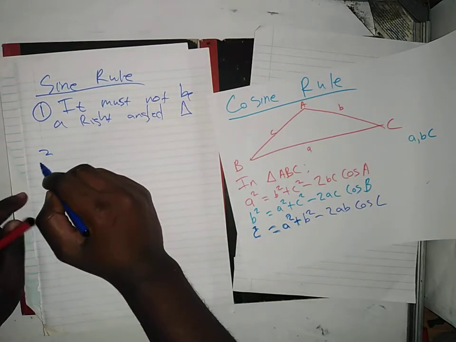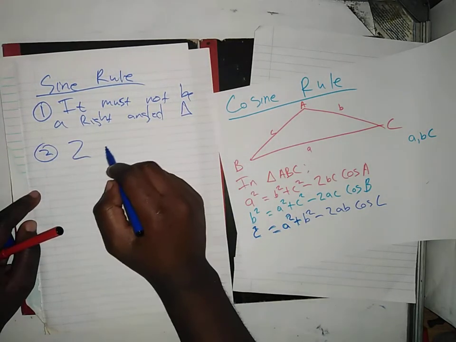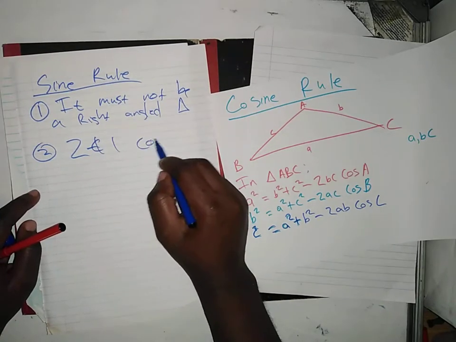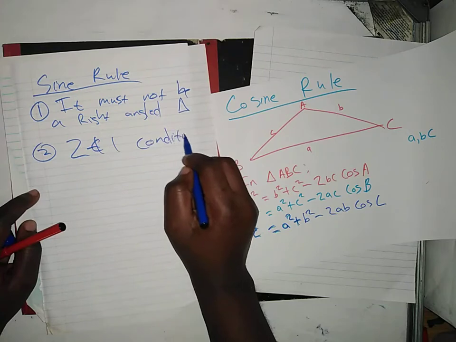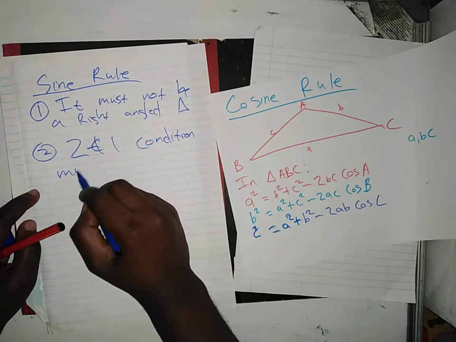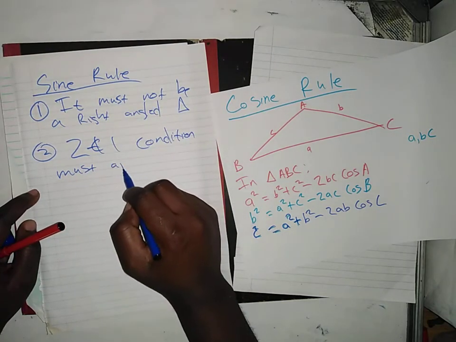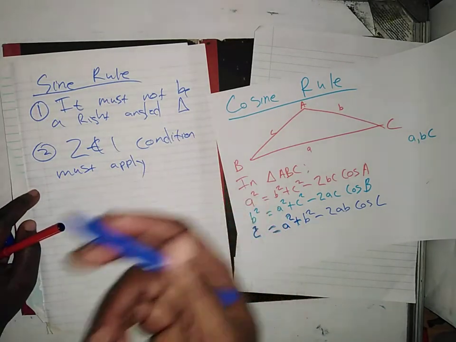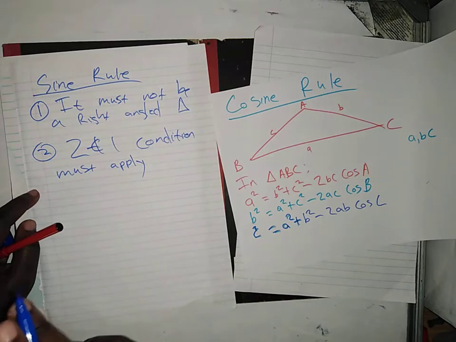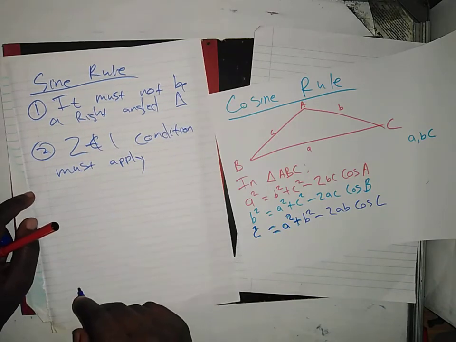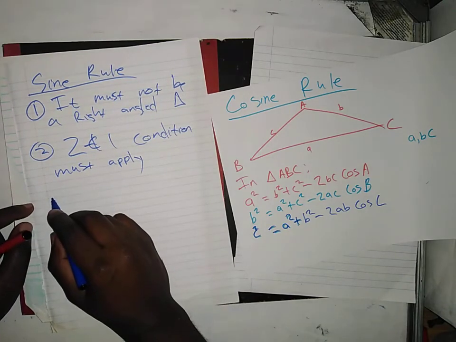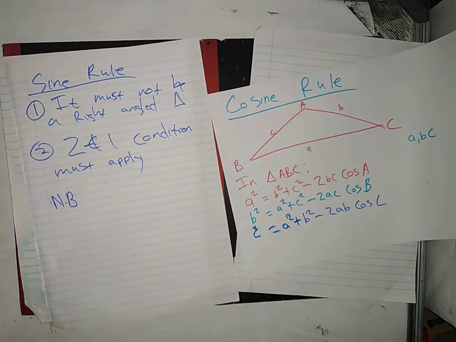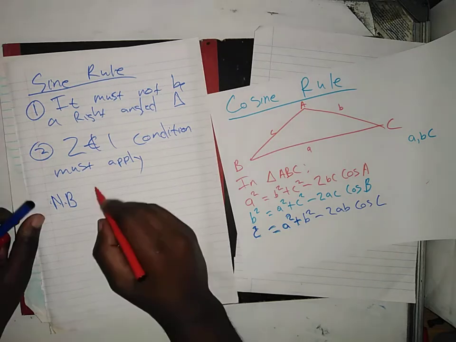Number 2, one condition must apply. Okay, that means you must have two sides and one angle, or you must have two angles and one side. But if you have two sides and one angle, and then NB, let me write it with red as well.